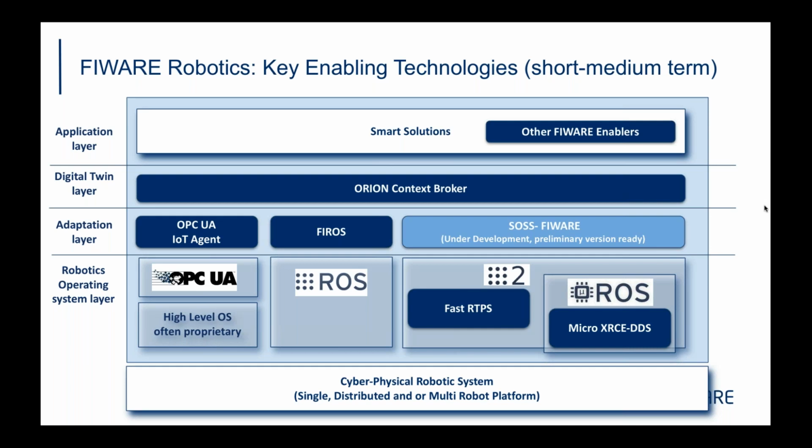We have already a number of agents that are available that you can use to make data linked to robots available as context data and actually be able to represent those robots and robotic systems using entities of different kind. In the first place, I want to highlight the availability of the OPC UA IoT agent that is available already and being used in different projects.